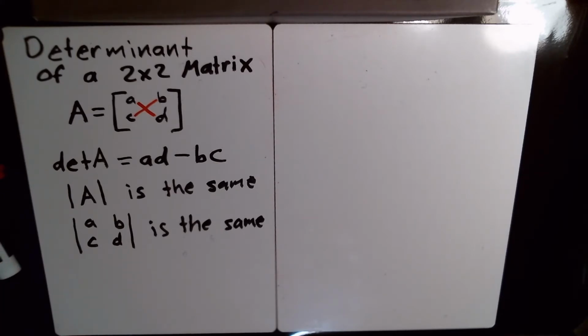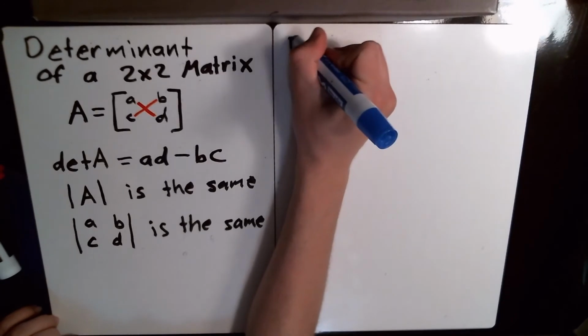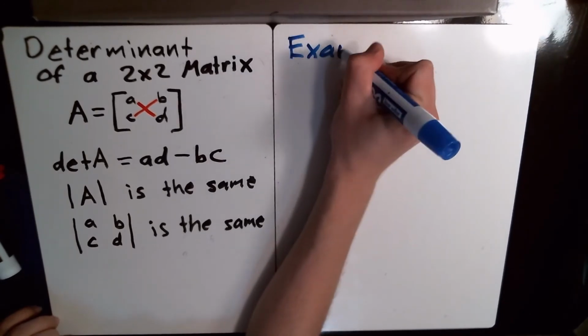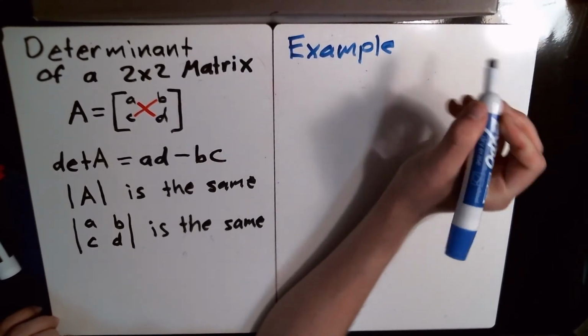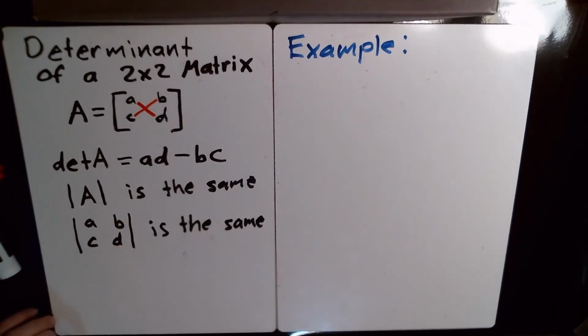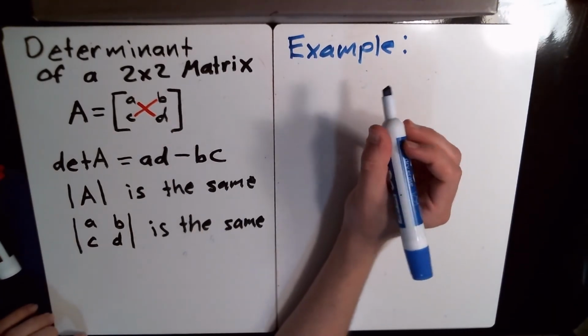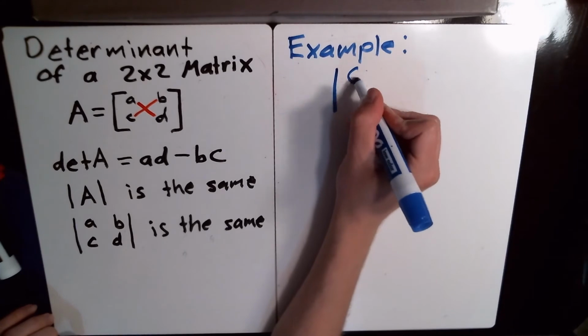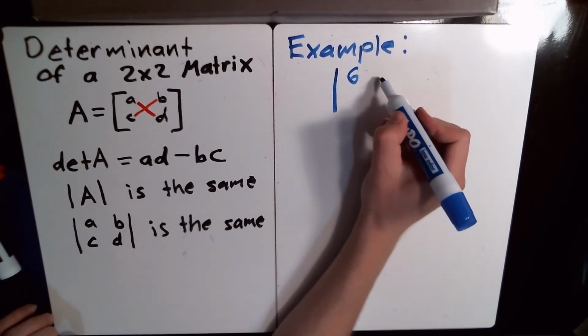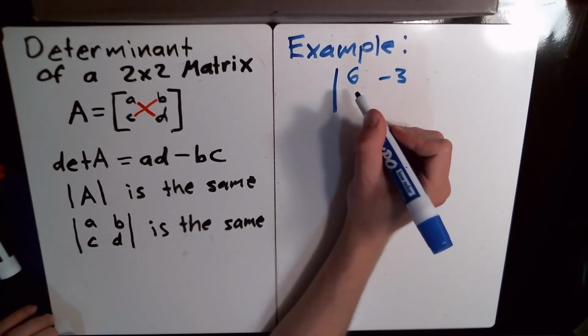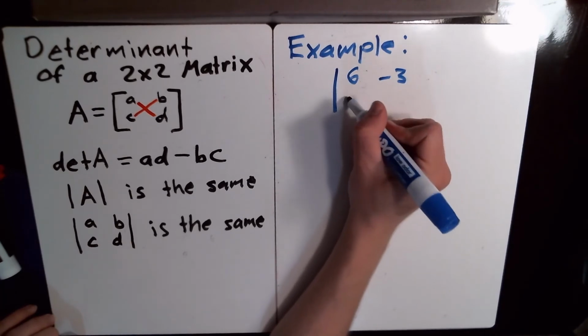I'm going to go ahead and compute one for us. Example: let's find the determinant. I'm not putting the brackets in because I just want to find this number.